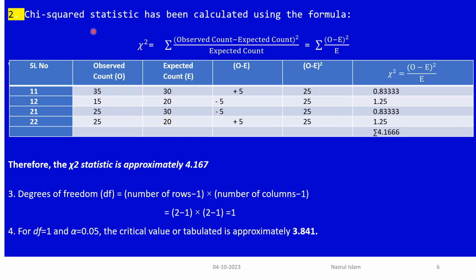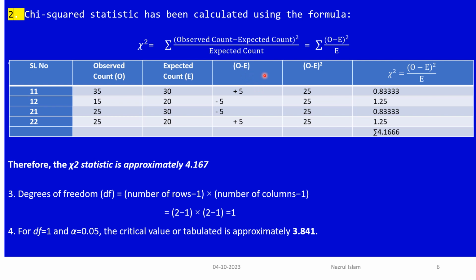So we will use the chi-square formula, that is summation of observed count minus expected count squared, divided by expected count, that means summation of O minus E whole square divided by E. This is the serial number, as I have mentioned, 1 1, 1 2, 2 1, 2 2. Observed count, we have from the given data, and we will determine the expected count.